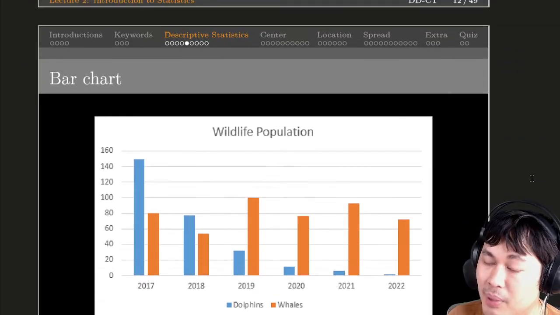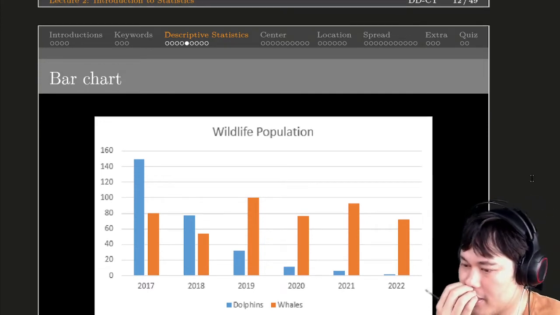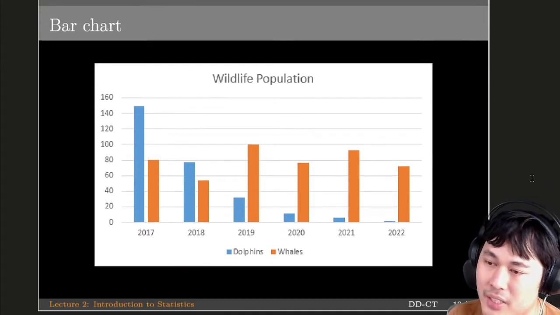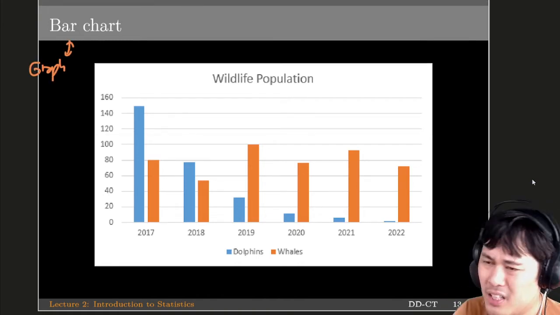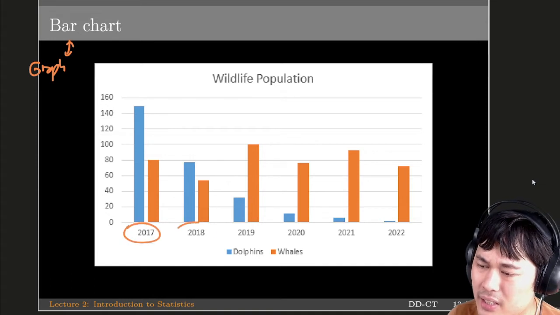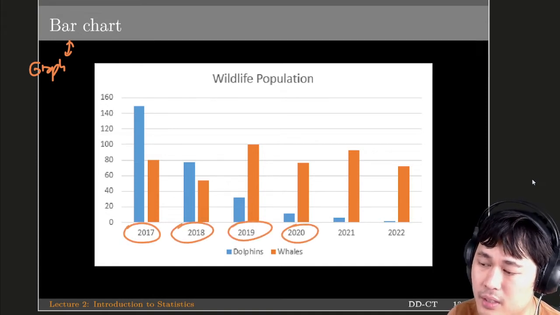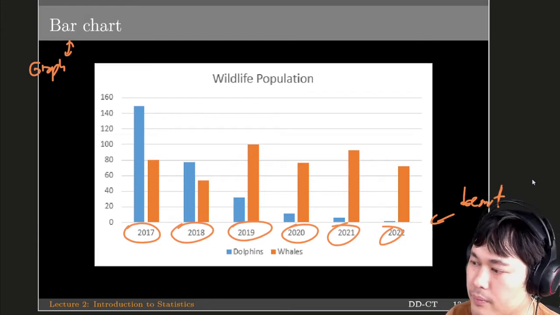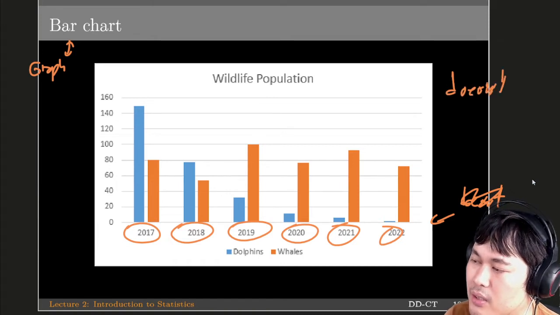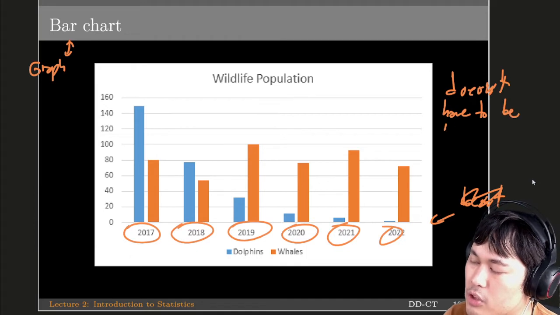But the more popular, the more important one is a bar chart, where you represent it as bars. This is similar to the graph. The difference is that the x-axis here doesn't have to be numbers.